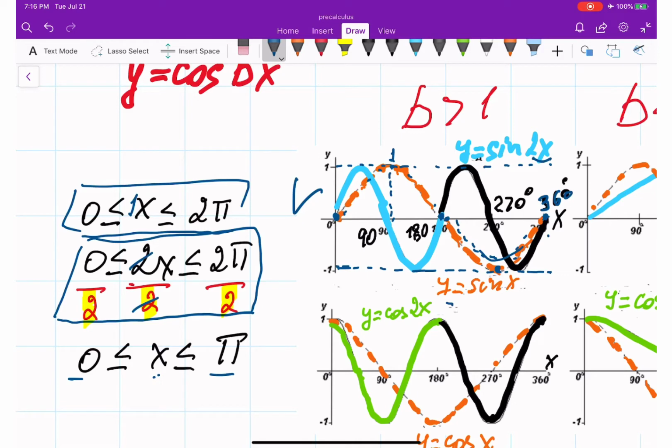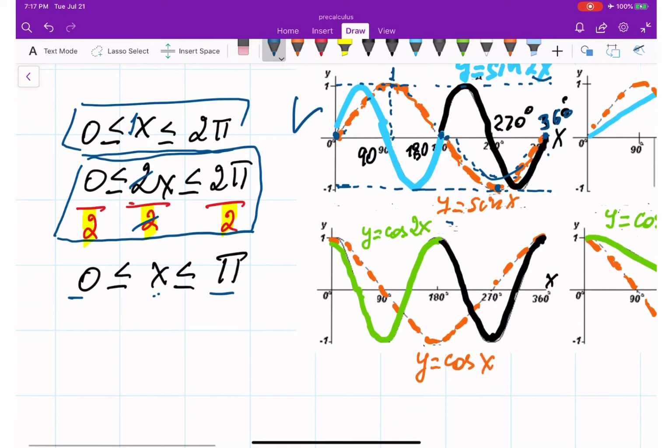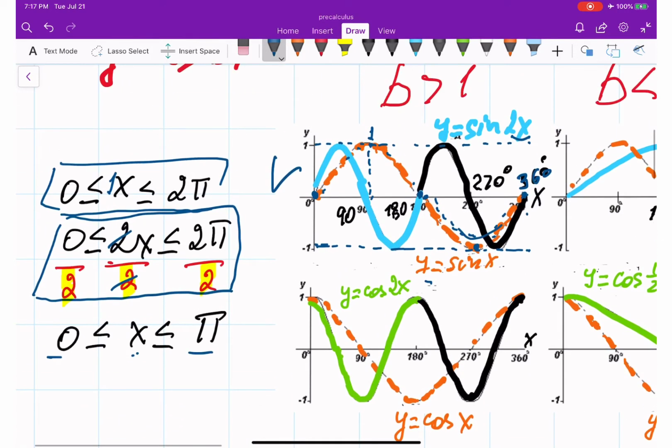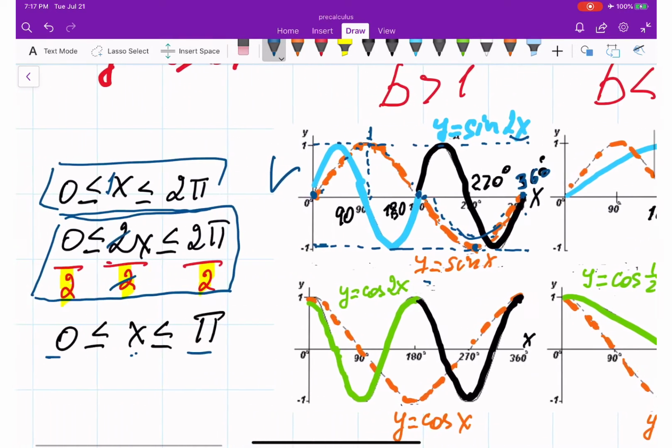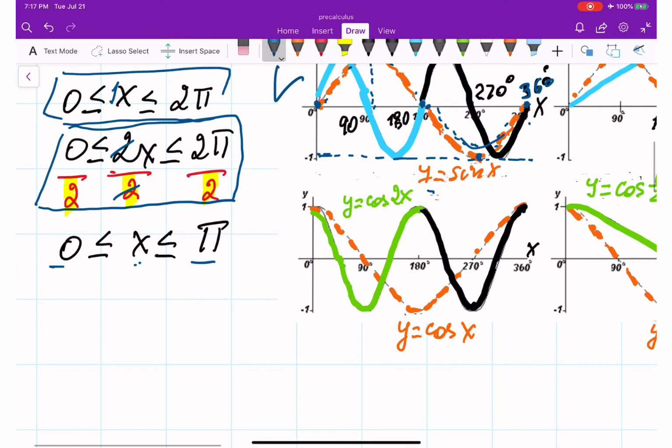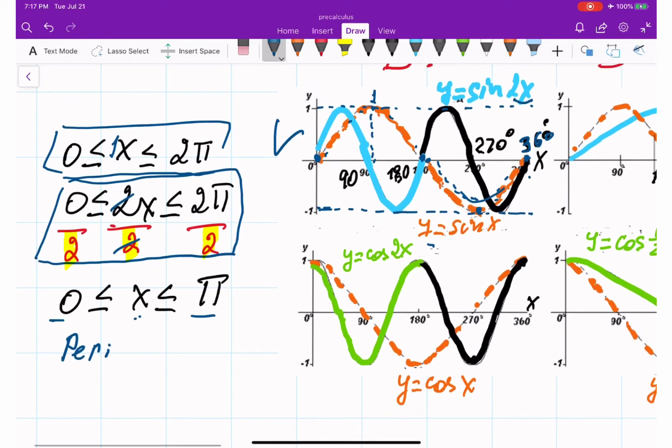And the second wave fits to 2 pi, our unit circle at this point. Let me write down: since we are building the graph sine 2x, the period is going to be equal to 1 pi.